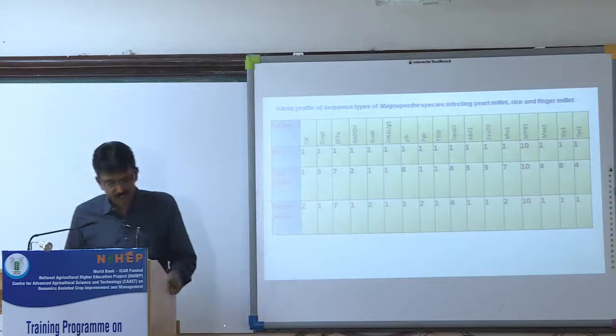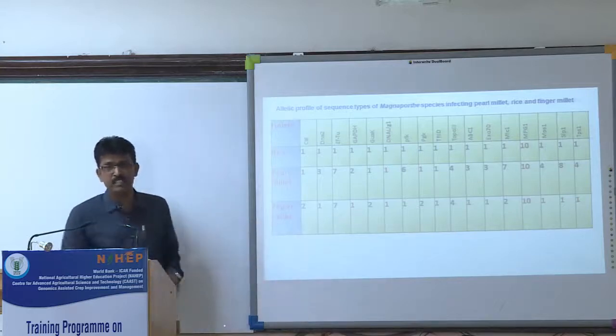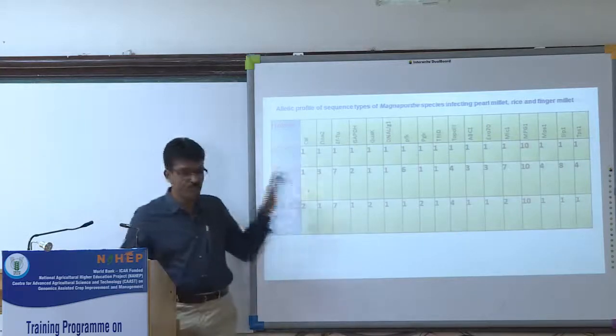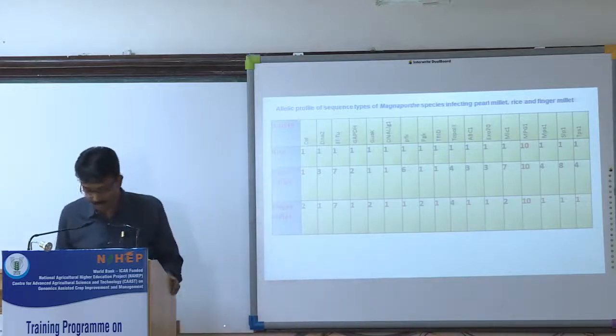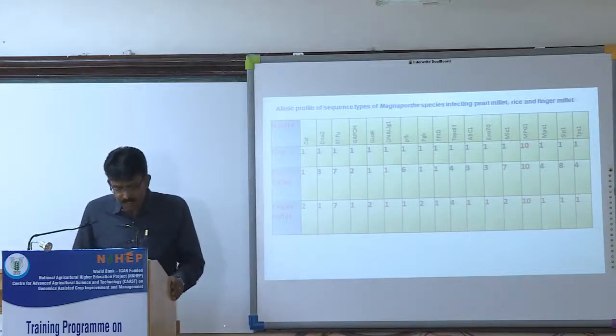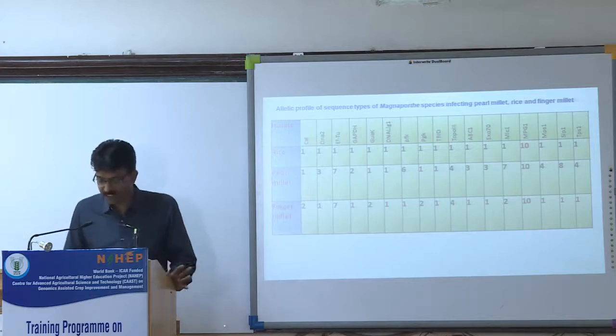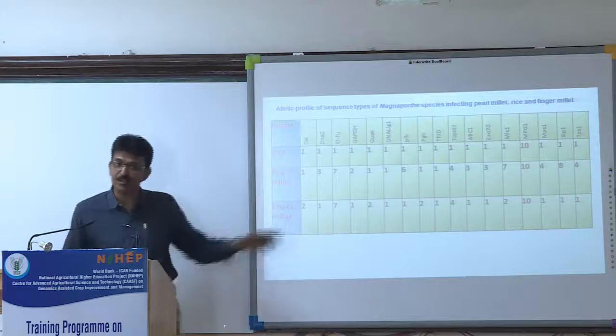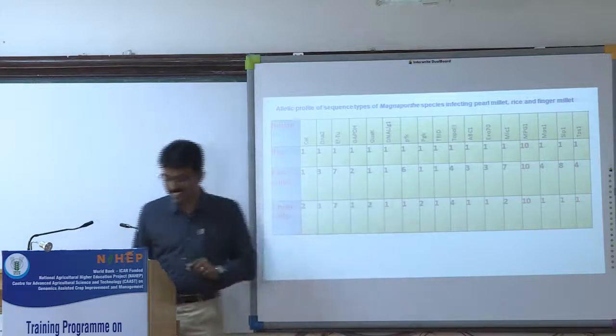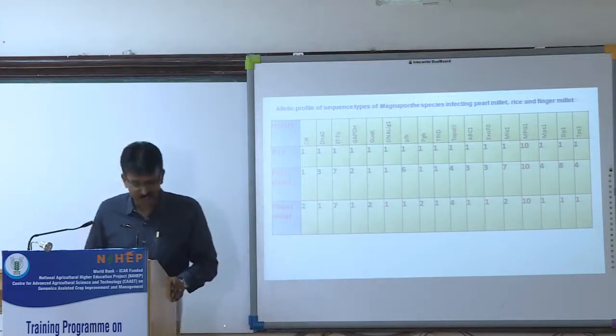And when we elevated this, I am just highlighting the representatives: one from rice, one from pearl millet, another one from finger millet. You can see for yourself. For example, I just draw your attention to MPG1 again. The allele 10 is very unique, no matter whether it is a rice strain or pearl millet strain or finger millet strain.